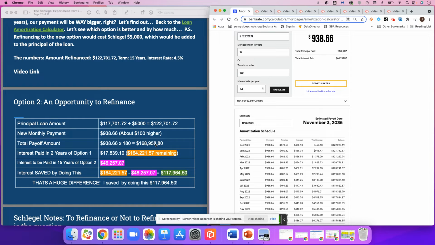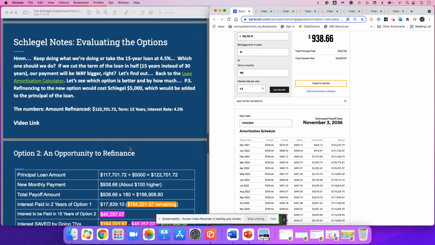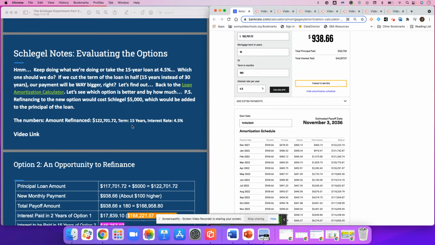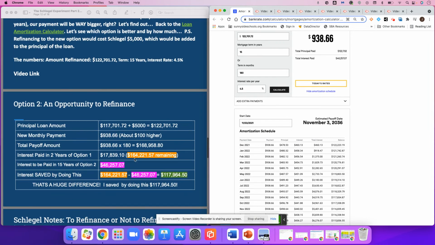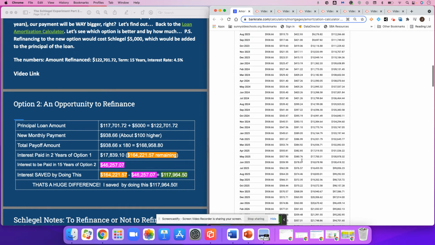It is a total no-brainer. So up here, this option looked terrible because, again, we were going to try and pay it off twice as fast. We had to take a loan that was bigger than the original loan to do it, but it's going to end up saving us the $164,000 that was left that I still needed to pay in interest on my 30-year loan, minus what I'm going to pay on my 15-year loan.